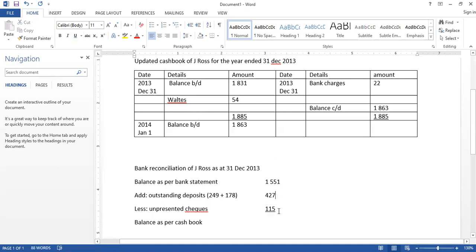So let's do our calculations, and this amount, because it's being subtracted, is less, so you need to put it in brackets. What we get should be the balance as per cash book.